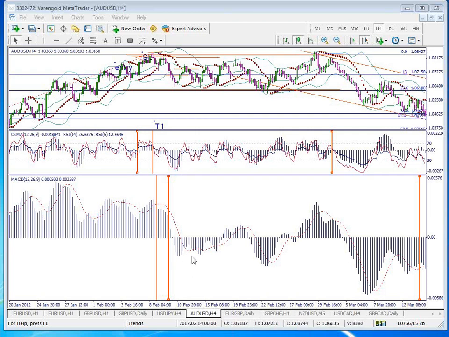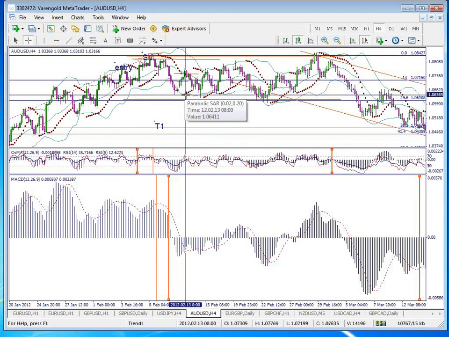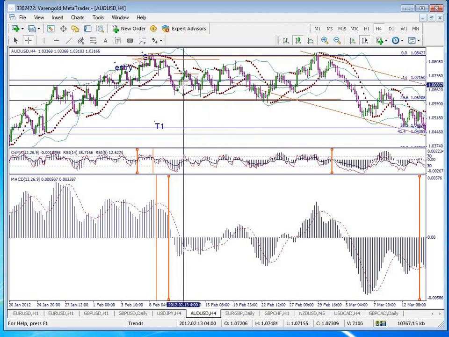So the same signal is for buy. When the red line is going out from the histogram, the bars of the histogram start to be smaller and smaller. I have a signal for buy. I will go with that line here. So here it starts to go into the upside.